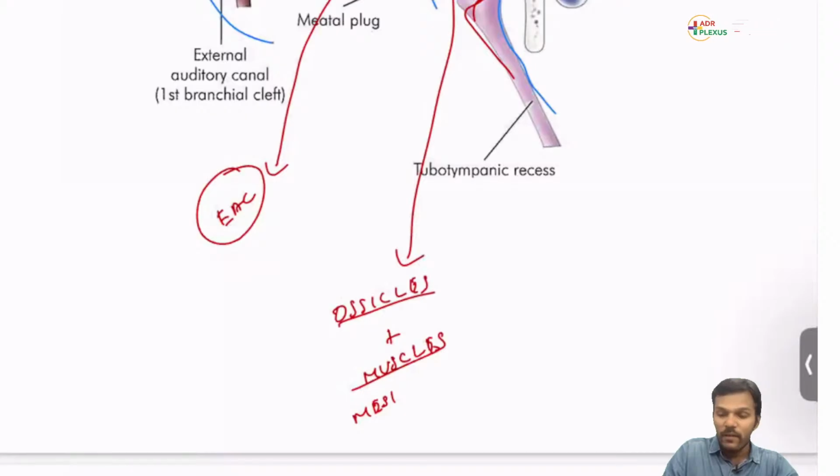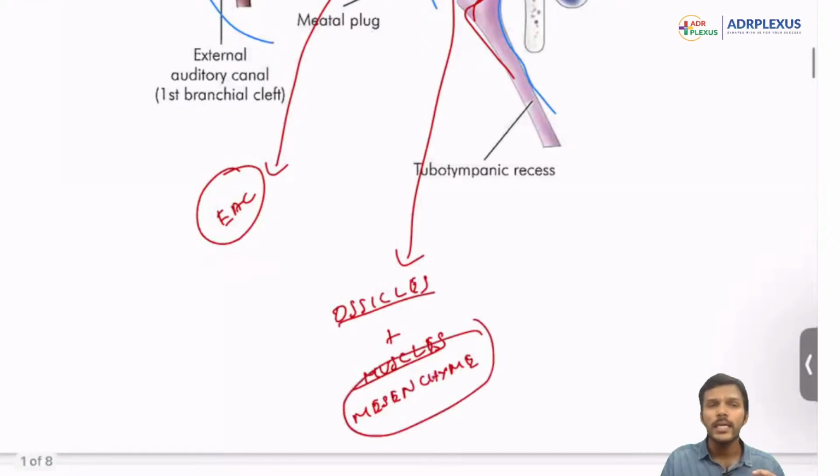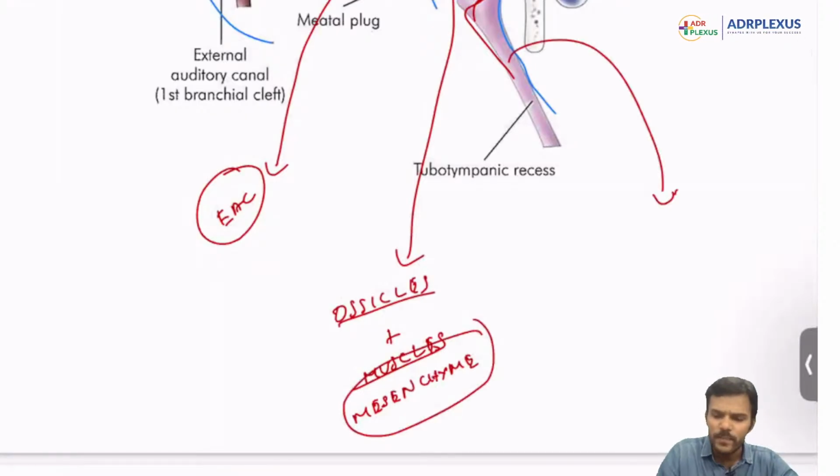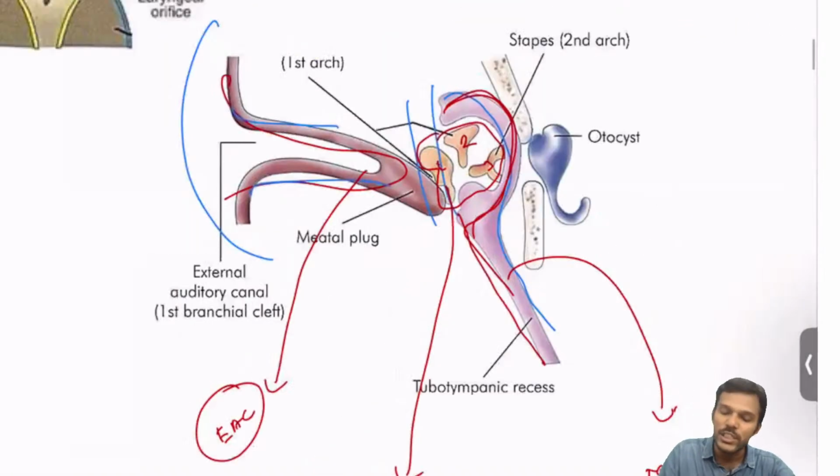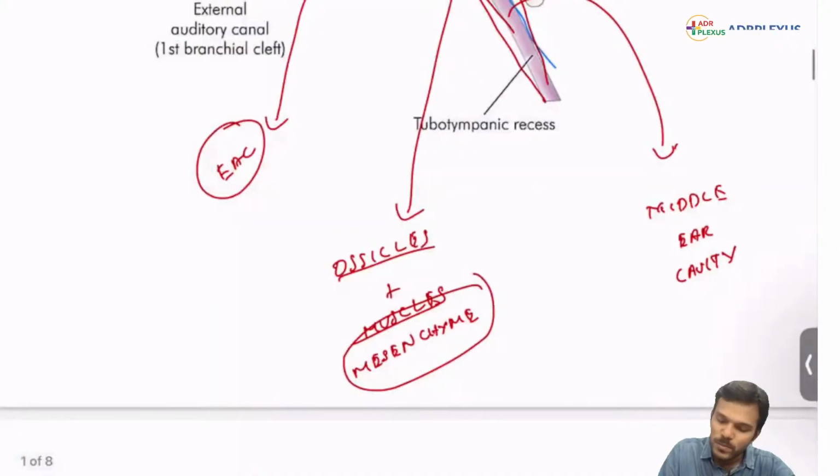Whereas the cavity which is surrounding the important structures of the middle ear is called the middle ear cavity, and the continuity of the middle ear cavity leads into an important tube, the eustachian tube. Gotcha, my boys?